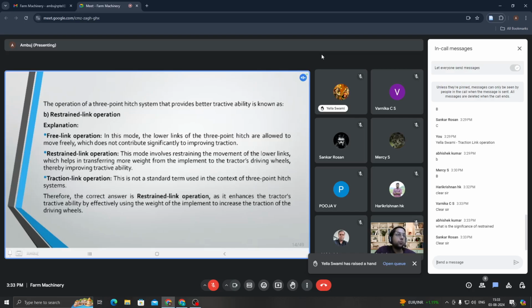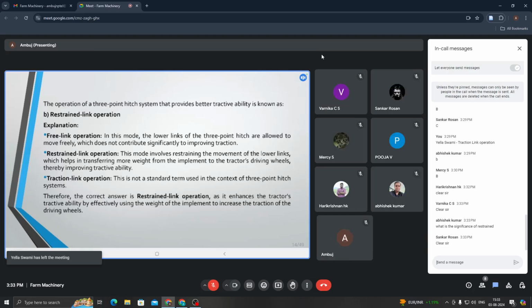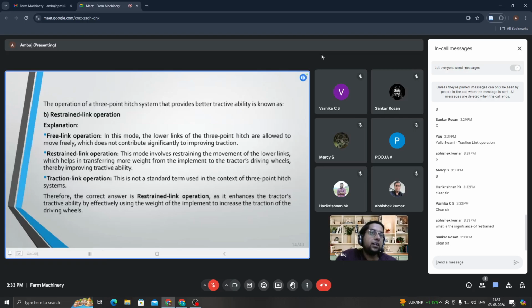I'm telling you. See, two modes of operation are there in our 3-point hitch system. First is free link operation, another one is restrained link operation. Restrained link just means that I am restraining the movement using the chains, so the movement would be somewhat less.